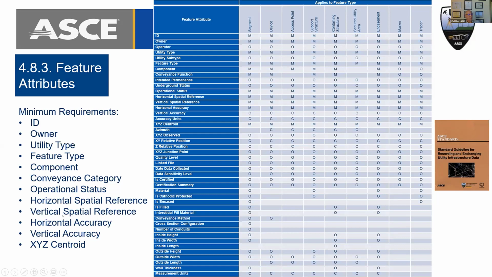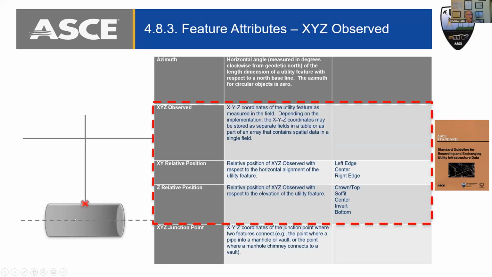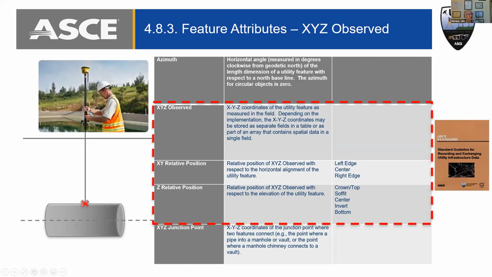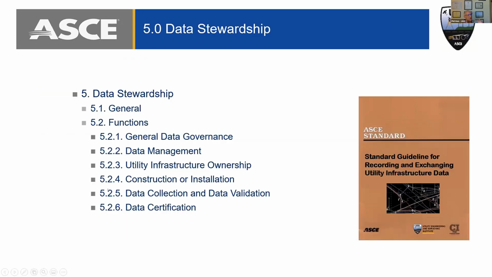The extra stuff's just bonus, and it's up to whoever's managing the standard to dictate or to request what they want in addition to the minimum. And then again, the positional, the XYZ observed, and if you're doing top center of pipe, that's being documented in there. And that enables you to readily, with a little bit of software, push it into a 3D model.